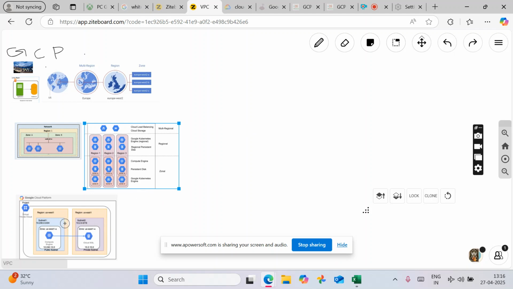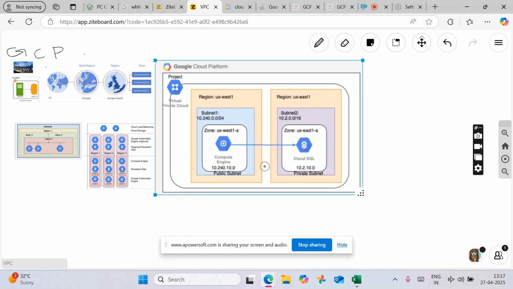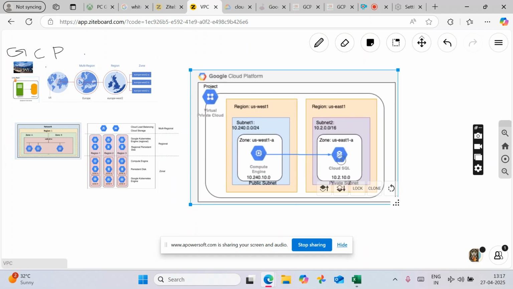Now you can see one GCP resource, Cloud SQL, is in the region US East and the other, Compute Engine, is in West 1. So inside a VPC, the subnet defines the logical separation, and inside a subnet you can see your GCP resources.